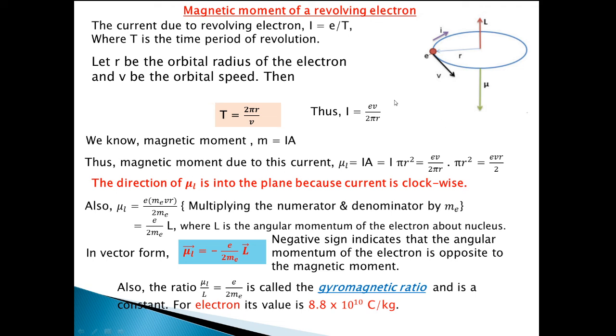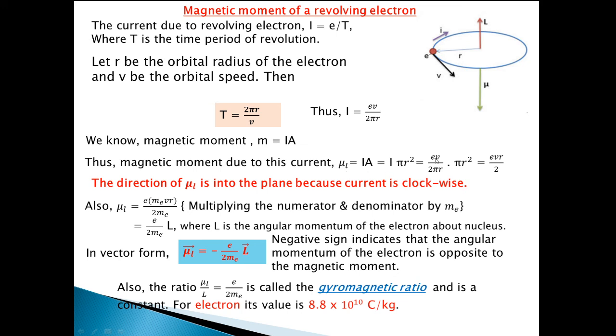Thus the magnetic moment due to this current is mu L equal to I A, and the area of this loop is pi r square, and I equal to e v by 2 pi r.